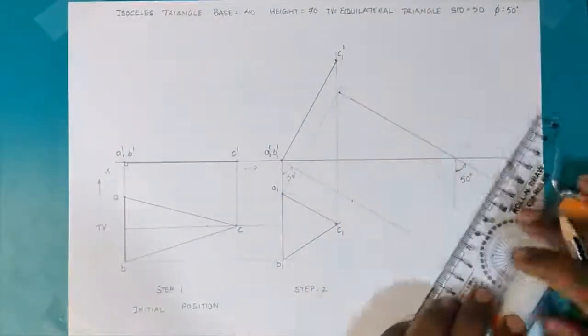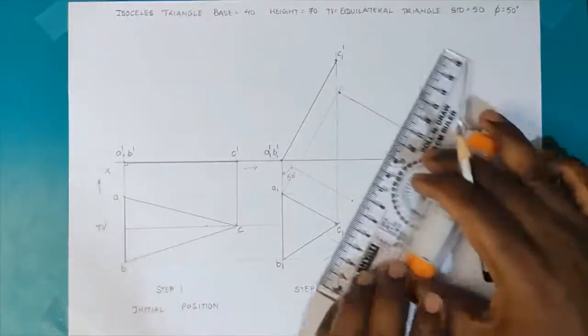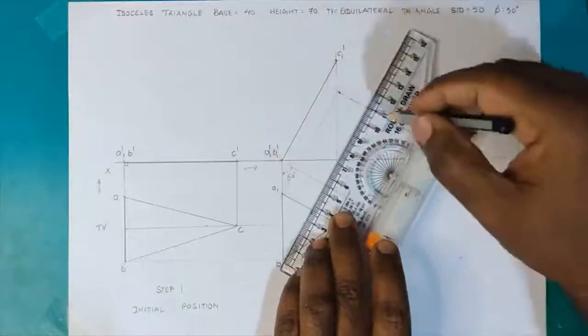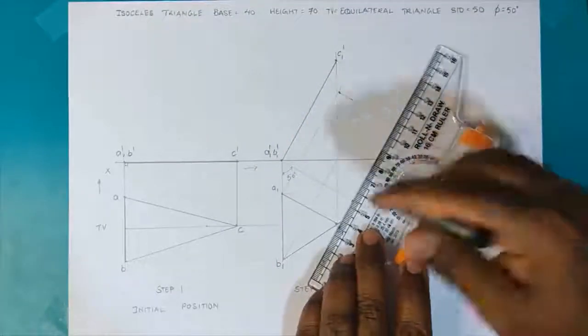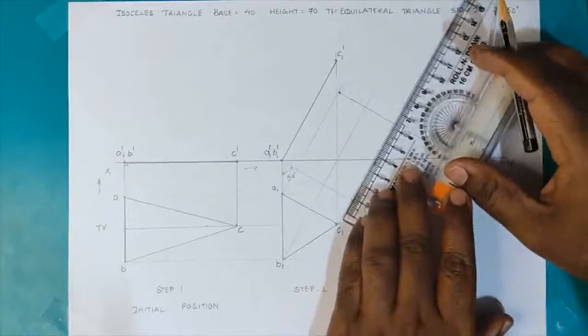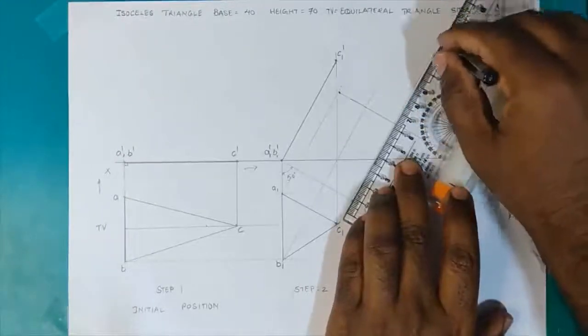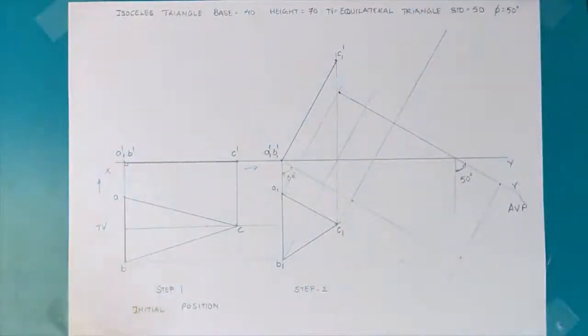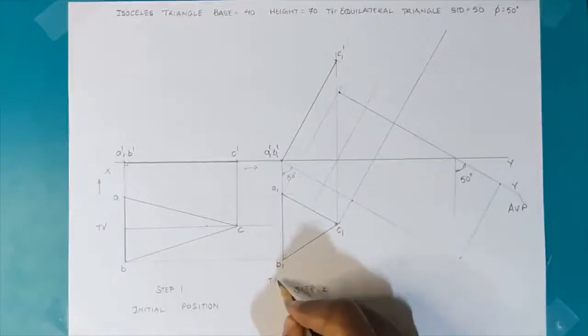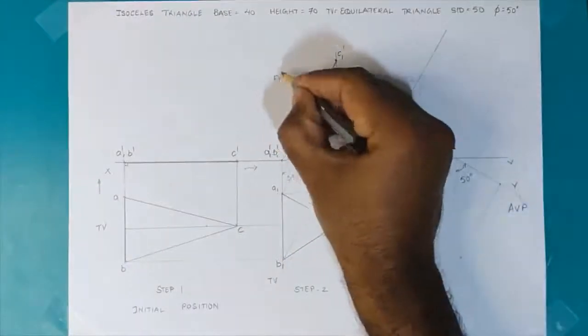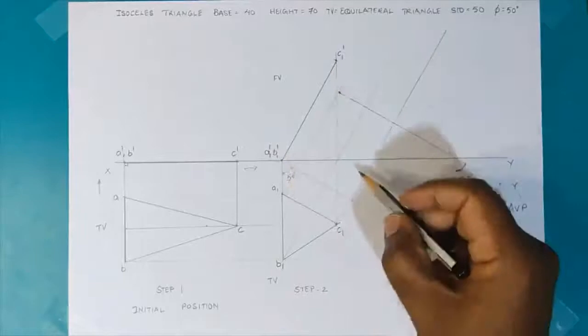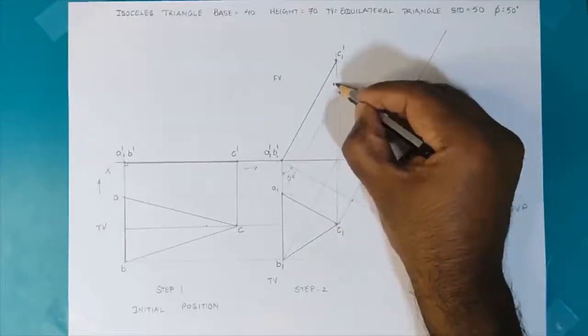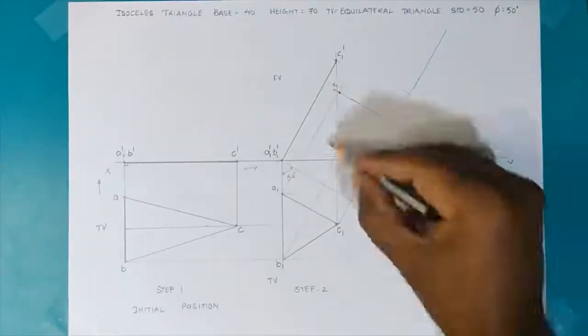A and B in the previous step were lying on the XY. Similarly, A and B in the new auxiliary vertical plane would also be on the ground. C projector I have projected. Remember, projectors from top view and distance from front view.